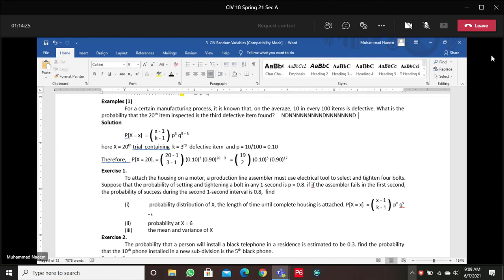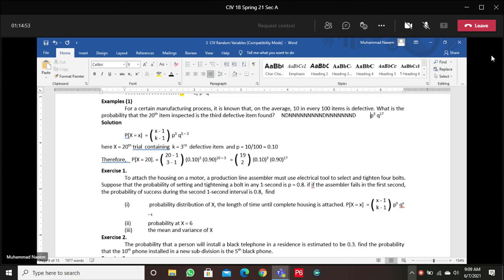So clearly now we can calculate the required probability. In these 20 outcomes, we have 3 defective, so P power 3, because our variable is showing the number of defective. So P power 3, Q power 17.